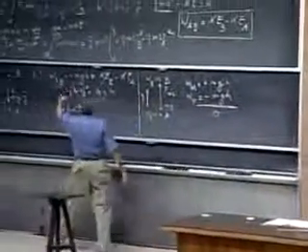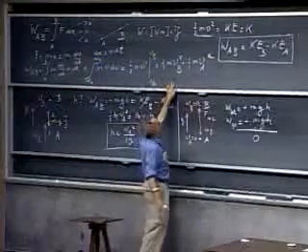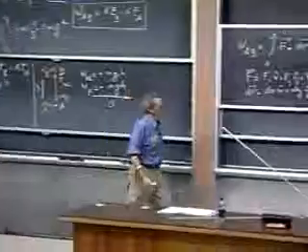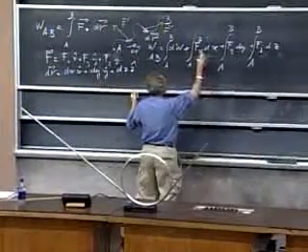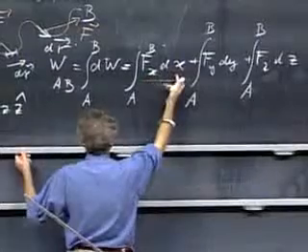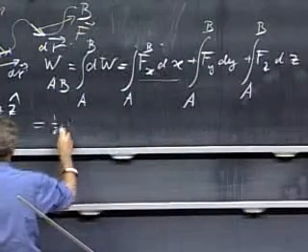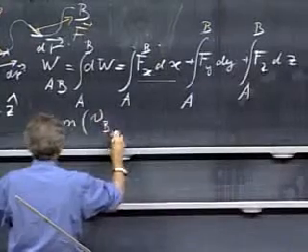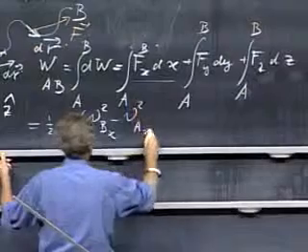The integral f dx, we found that is 1/2 m vb squared minus va squared, which in this case is obviously the velocity in the x direction, because this is a one-dimensional problem. And the one-dimensional problem indicates that the velocity that I'm dealing with is the component in this direction. So we have that this is 1/2 m vb squared, and this is the x component, minus va squared, and that is the x component.